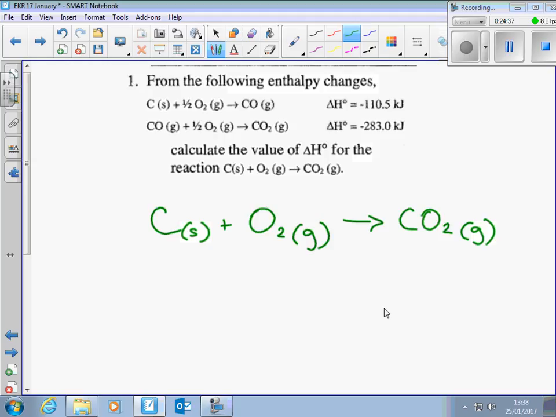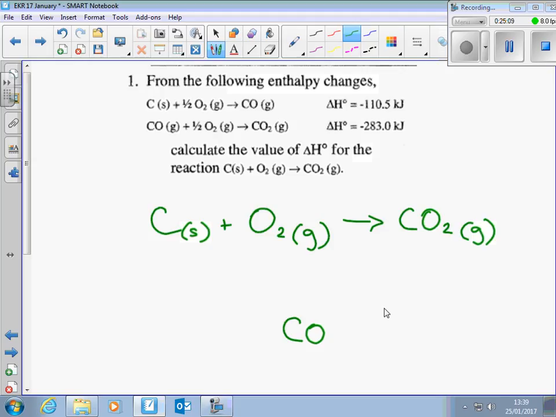Now, there are other ways of getting there, and it seems to be via another compound, carbon monoxide. So this is not going to look quite like the one I've just done, but our intermediate is going to be carbon monoxide. Never mind the oxygen in this particularly at the moment.